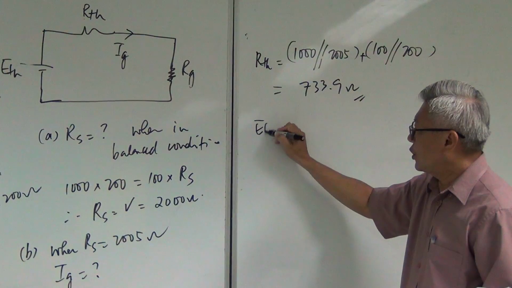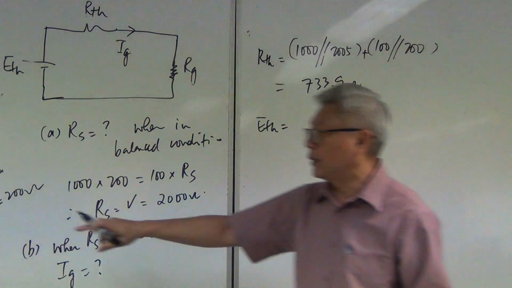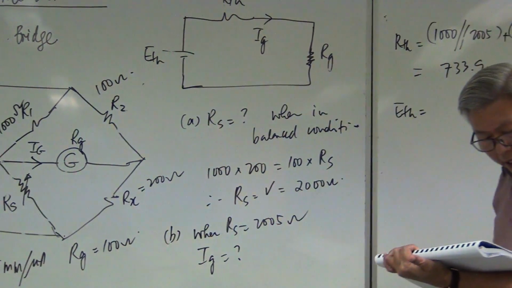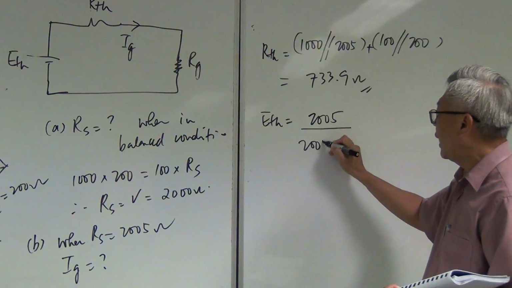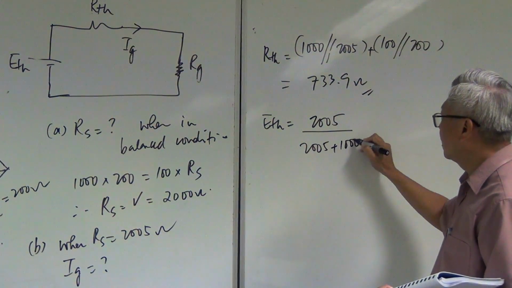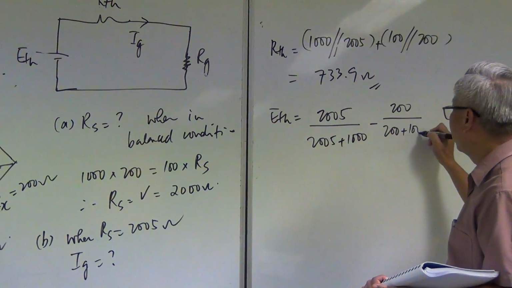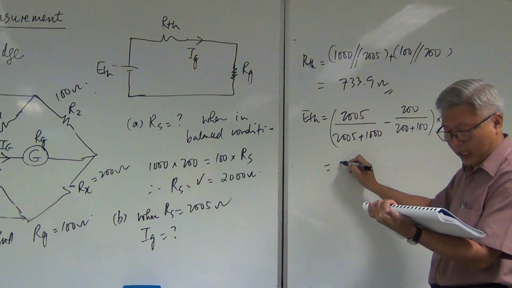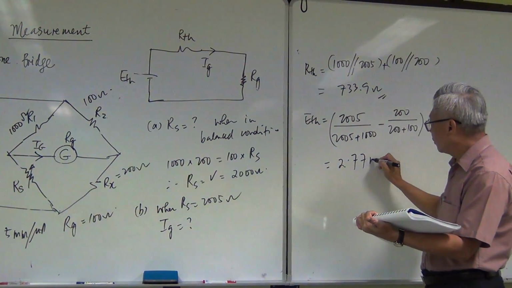To find ETH, again, remember it's a voltage divider formula. So ETH is equal to 2005 divided by 2005 plus 1000, minus 200 divided by 200 plus 100, multiplied by the 5 volt. I get an ETH equal to 2.77 millivolt.